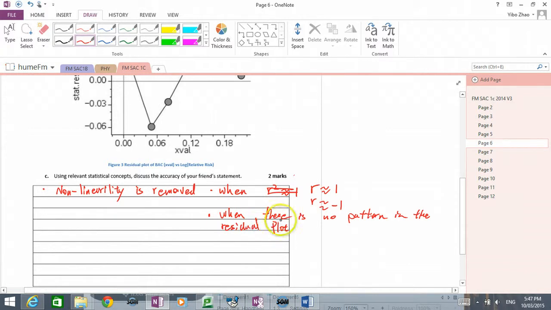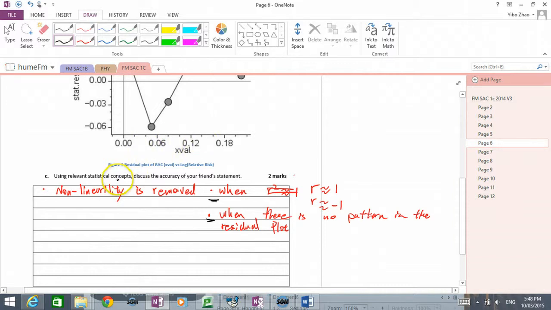So when these two things happen, all the non-linearity is removed. So the prediction is accurate.